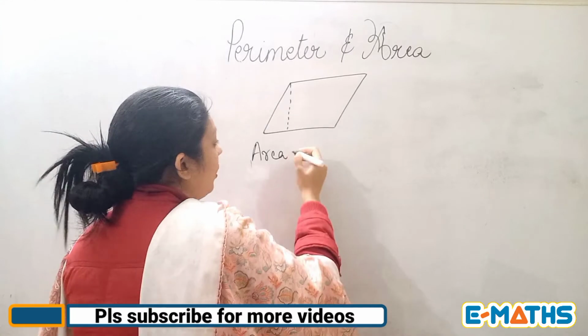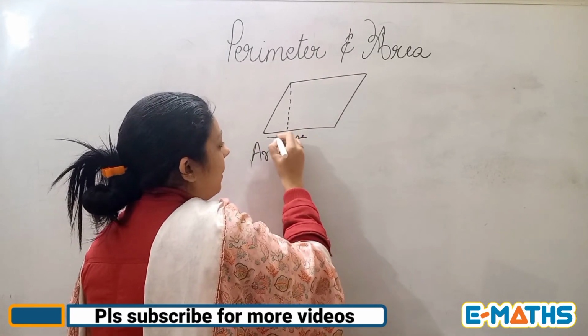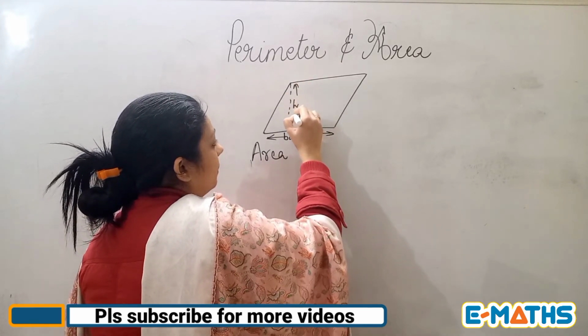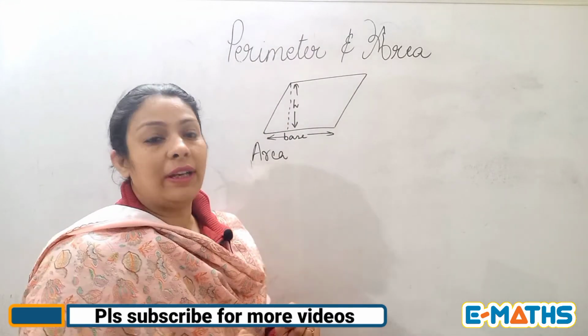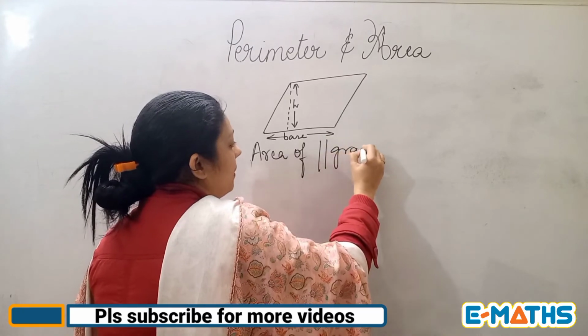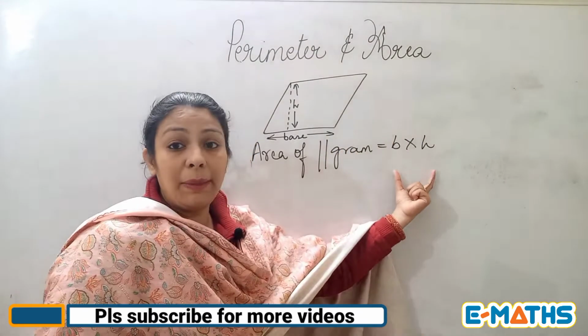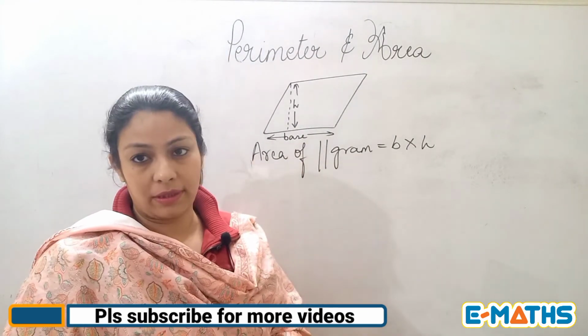Here we take the base, this is the base, this part, and this is the height. So in this case, we take the base and height and find the area. So area of parallelogram is base into height. Again, you are multiplying the two dimensions, so your area will come in square units.